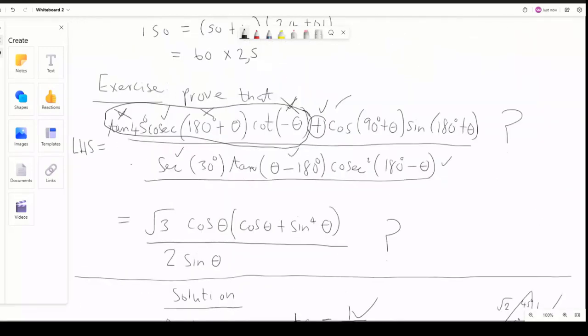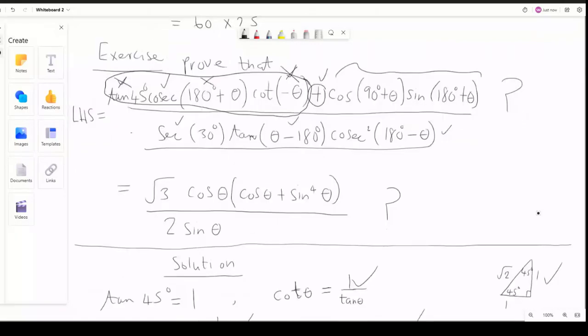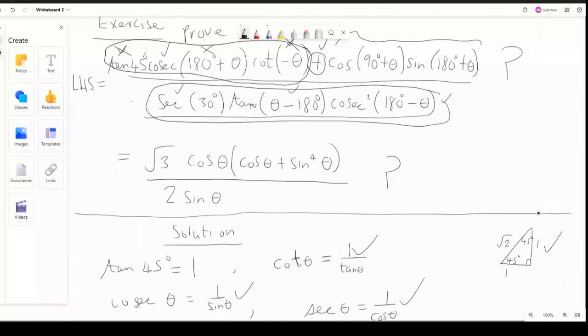In the denominator, I'll be careful now. What I will do is I must be very careful. I need to create some space here.